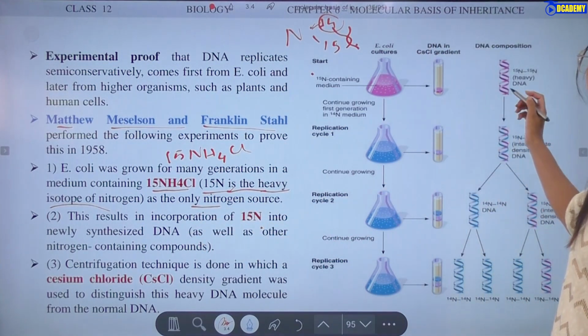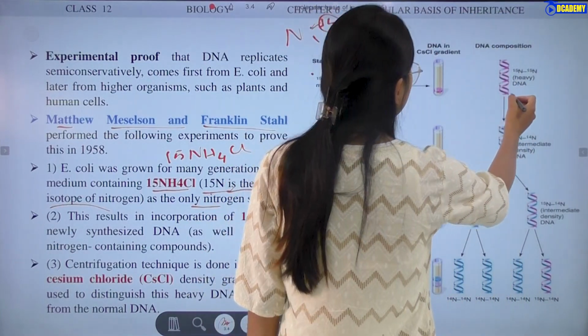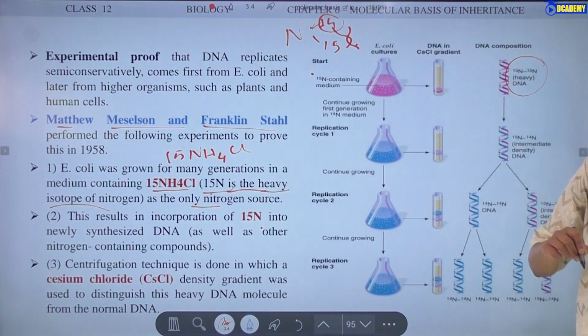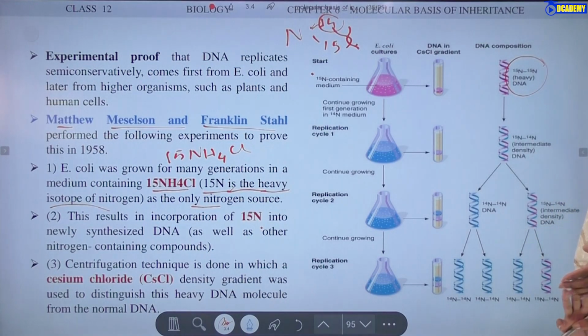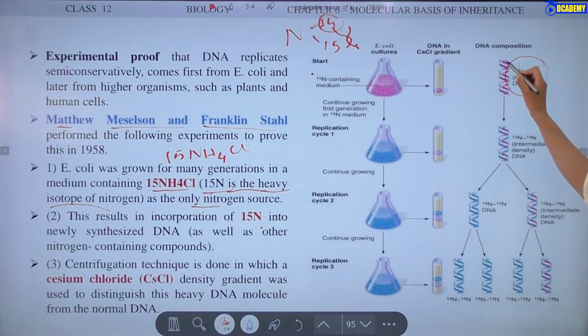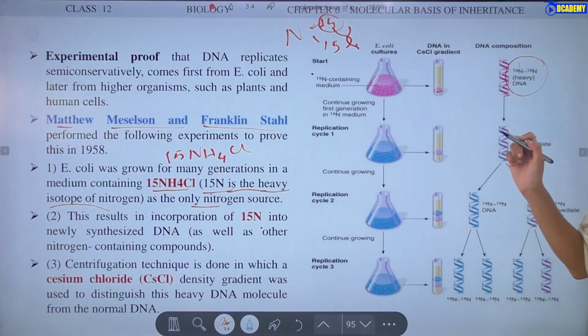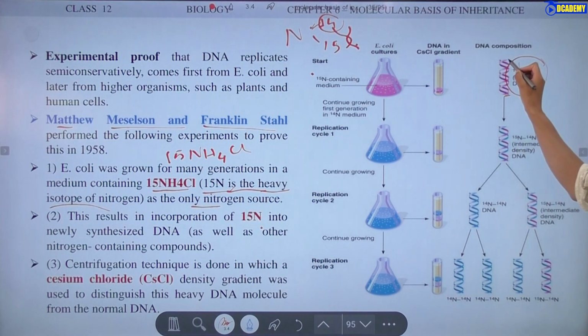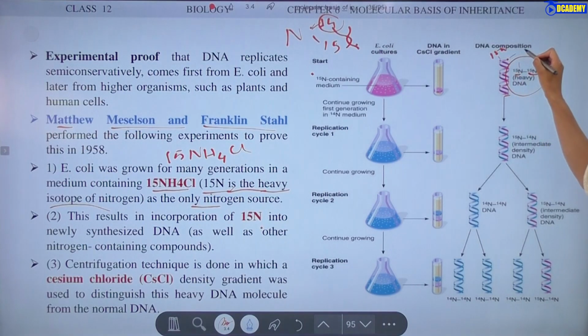So when DNA is synthesized, both strands of the DNA contain the heavy nitrogen isotope 15N.